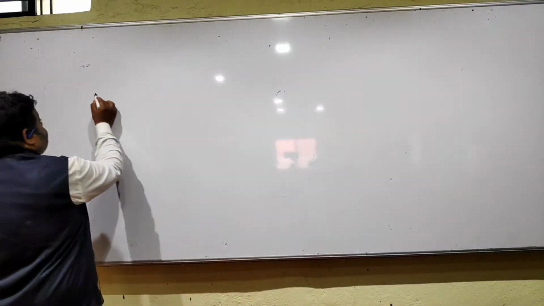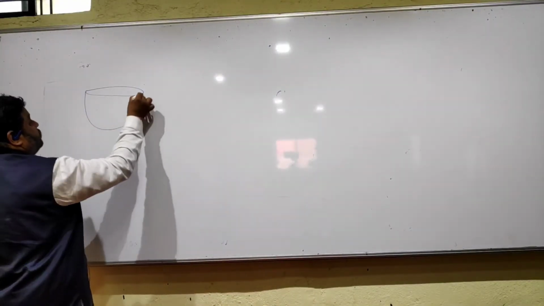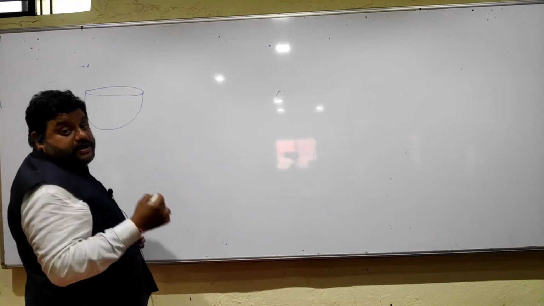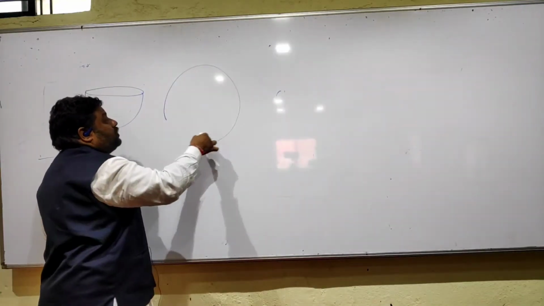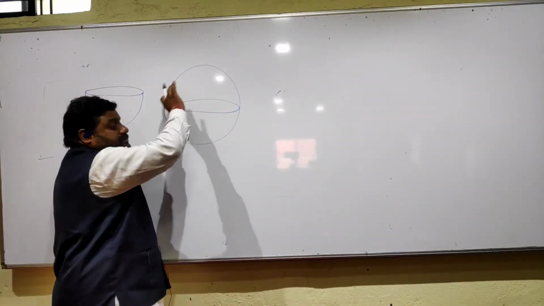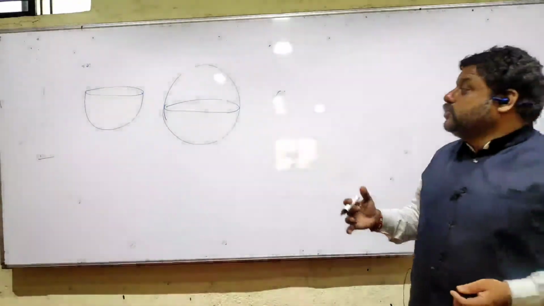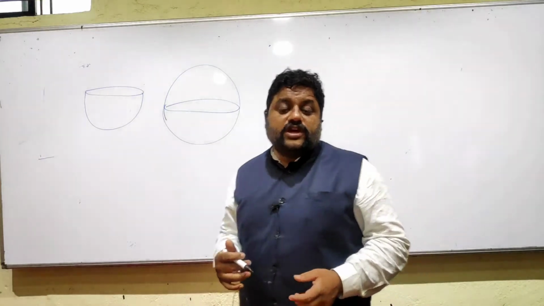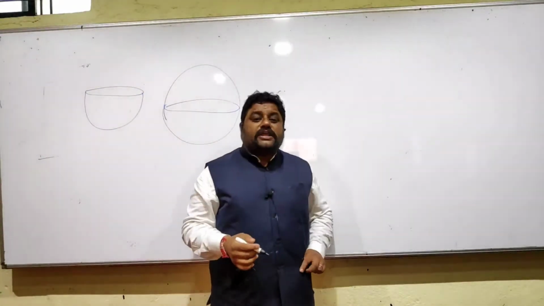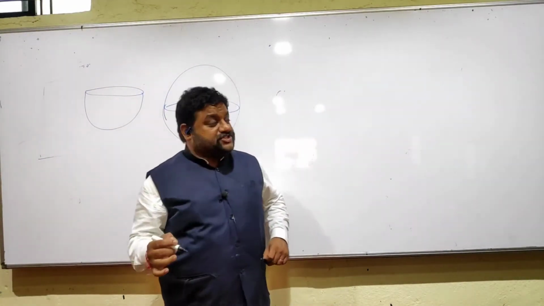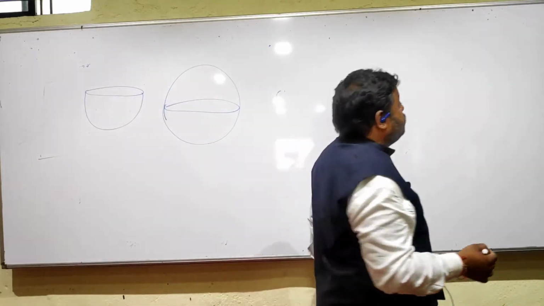So when we discuss the sphere, we know the shape of the sphere. This will be like this. Hemisphere, it is called a hemisphere. And when the total sphere is there, meaning a complete circular shape which is fully filled, it's called a sphere. There is only one dimension, that is the radius.